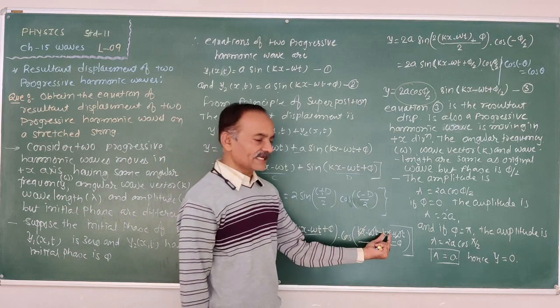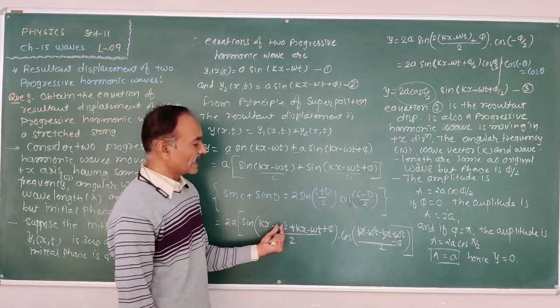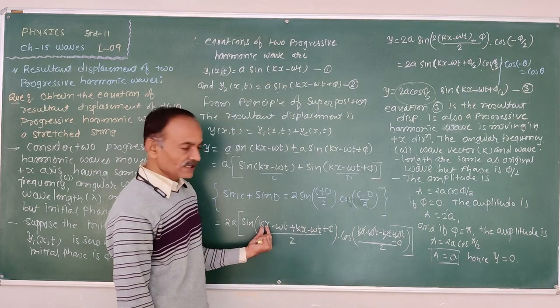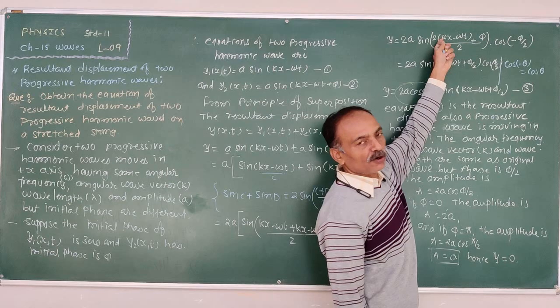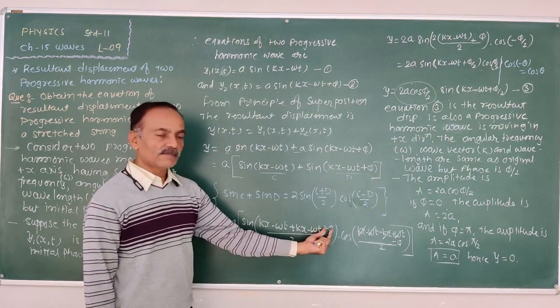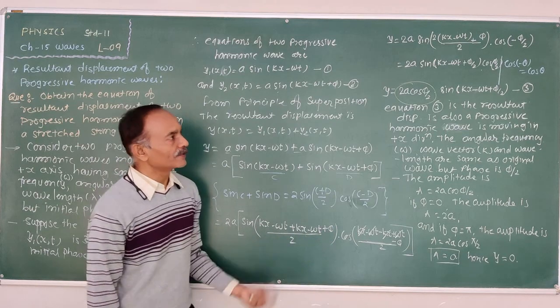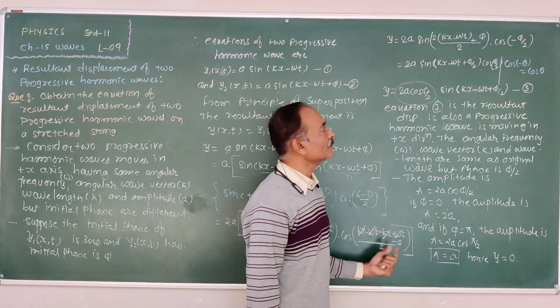Now here the kx and omega t cancel. Here kx appears 2 times and omega t 2 times, so 2 is taken common. Therefore 2a sin, with 2 taken common from kx minus omega t plus phi, divided by 2, into cos of minus phi by 2.